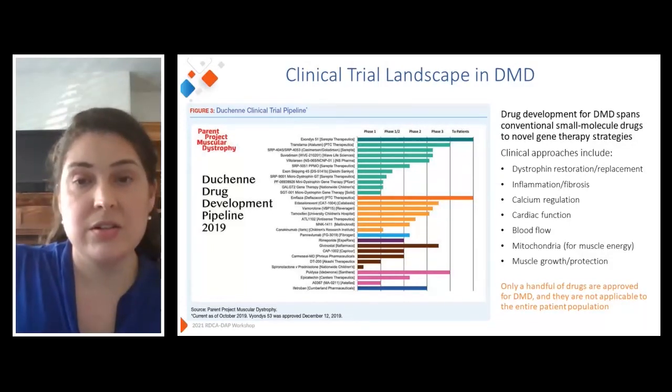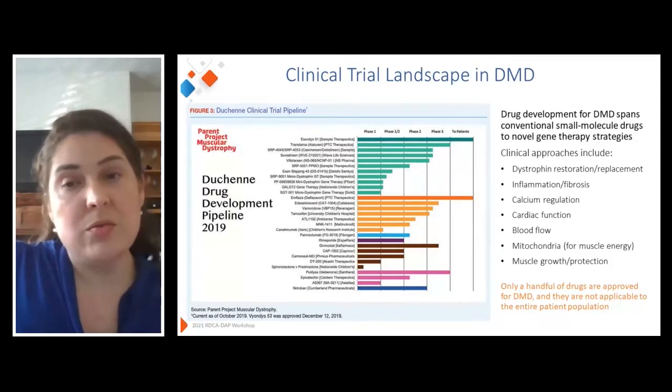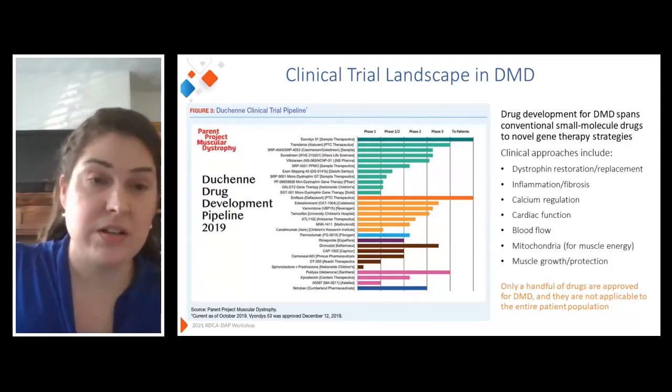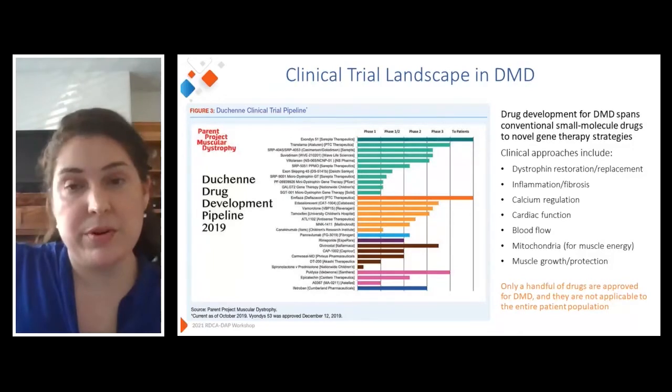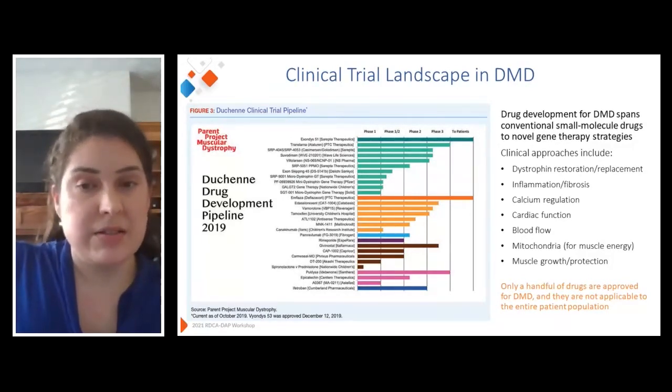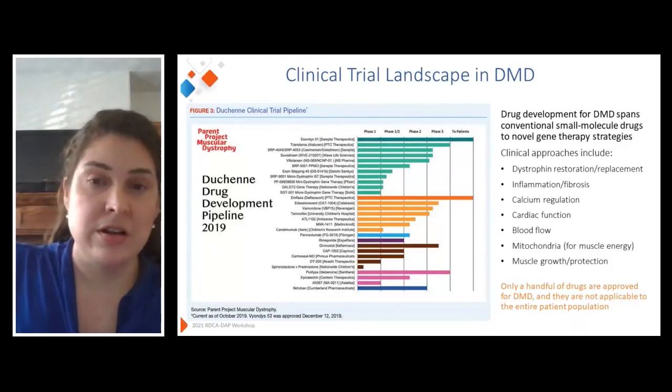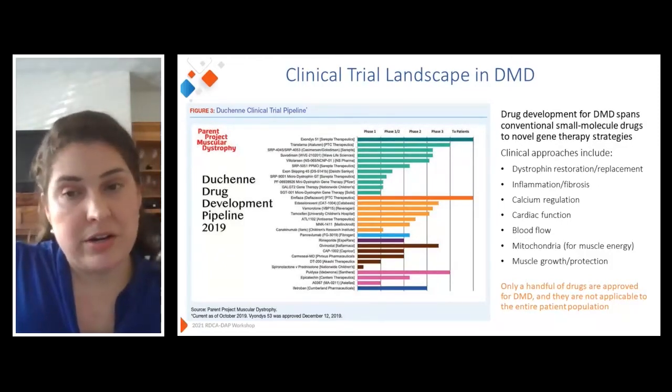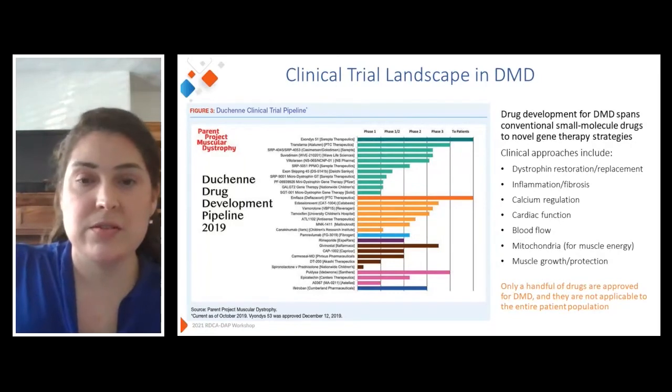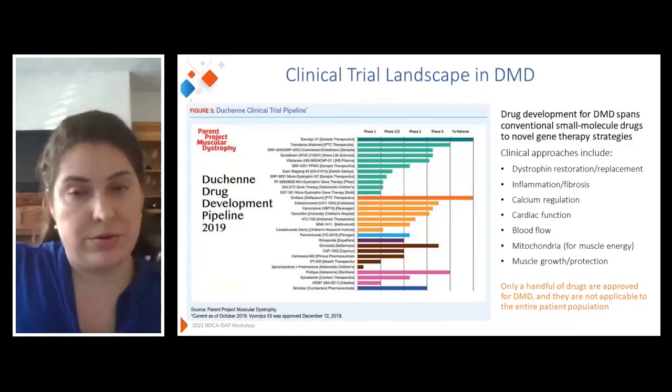And these include approaches to restore or replace dystrophin. So this could either be through gene therapy or through some other approach. There are drugs that target inflammation and fibrosis, calcium regulation, cardiac function, blood flow, mitochondria in order to provide additional energy for the muscles, and also drugs that aim to approach muscle growth and protection.